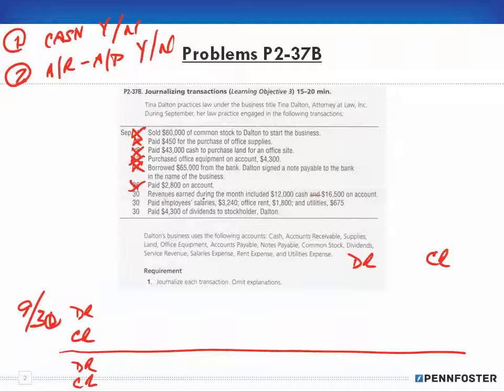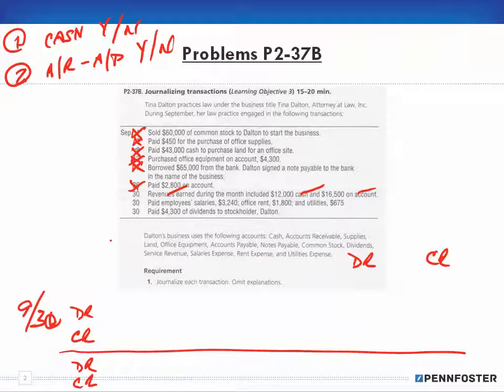It says here, revenues earned during the month included $12,000 in cash and $16,500 on account. Because you're earning cash and on account, on credit, you're making a sale, so you're earning revenues.